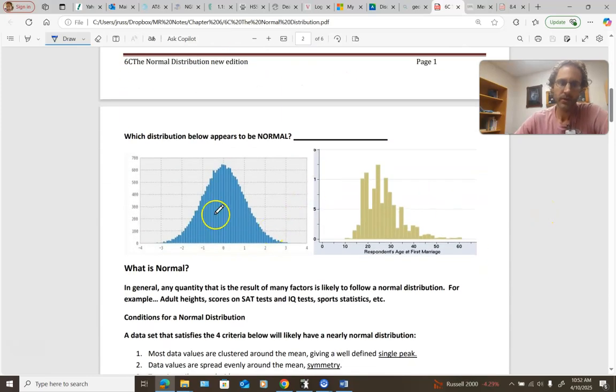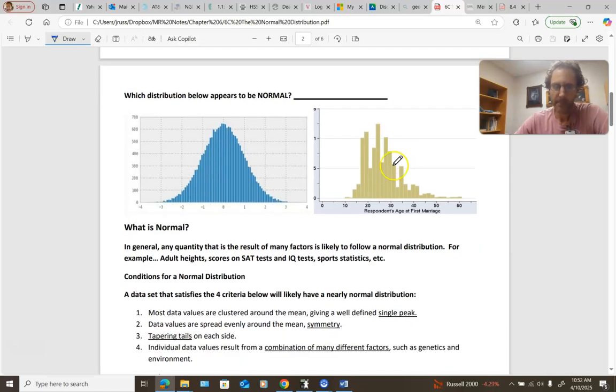Okay, which distribution down here appears to be normal? Now, looking at this one, it doesn't really tell us. My guess would be that these are SAT scores or something like that. This histogram represents SAT scores. Furthermore, you can notice this histogram has a lot of bars.